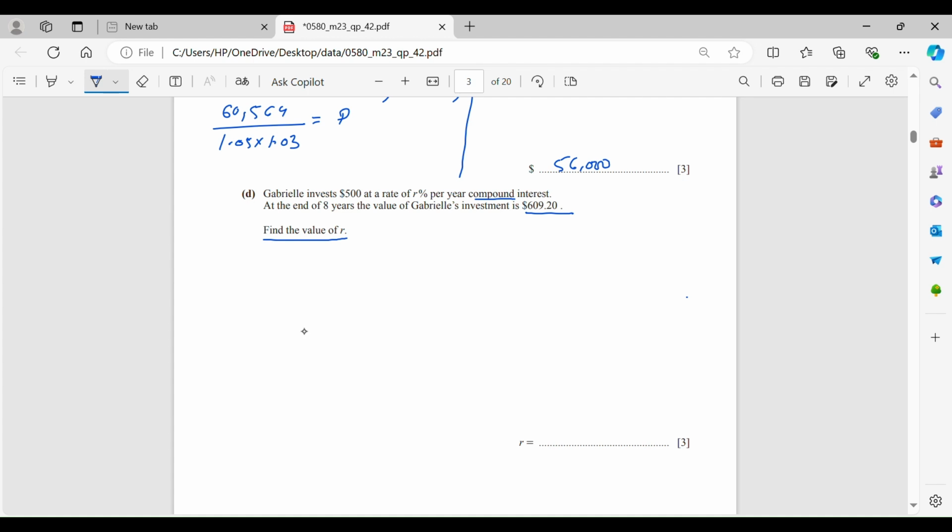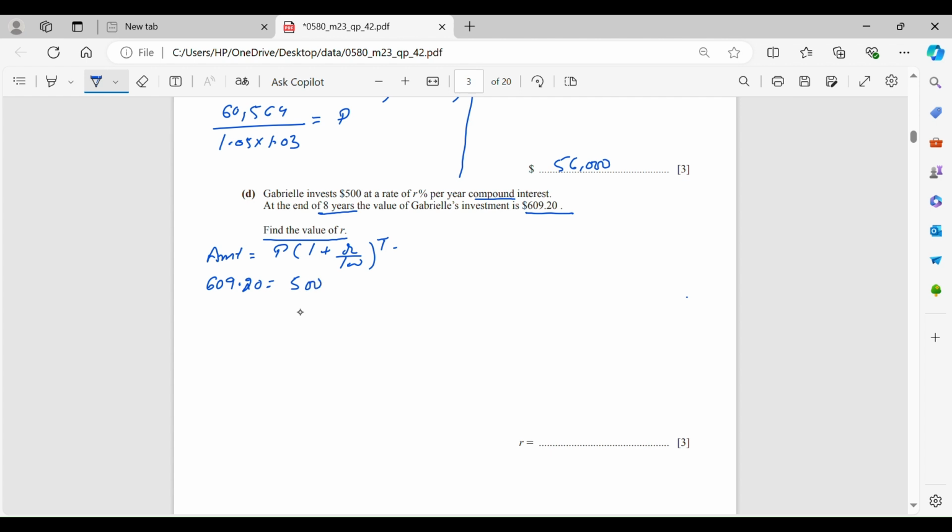Time is also given, right? So amount is equal to P bracket 1 plus rate of interest R over 100 raised to the power time, right? So amount is given. Amount is 609.20.